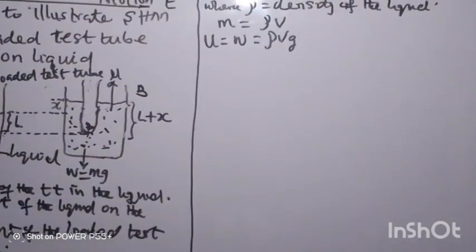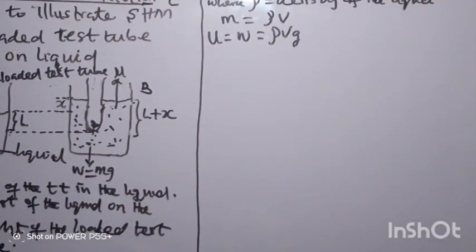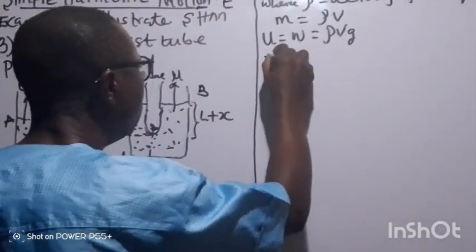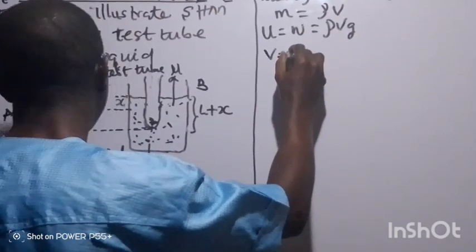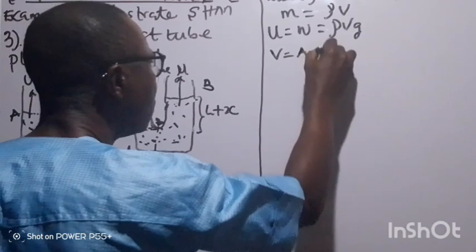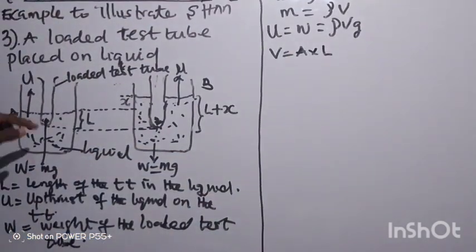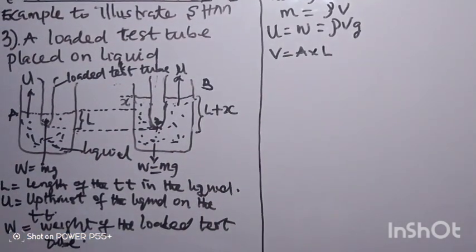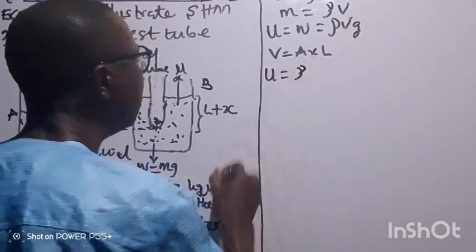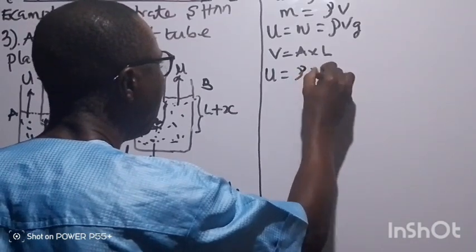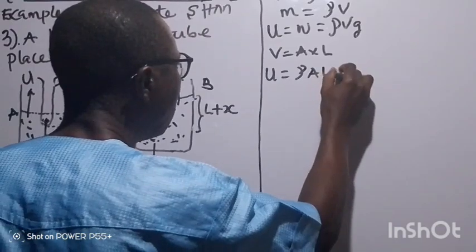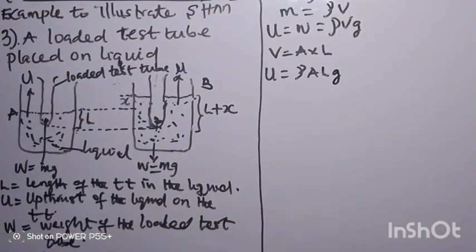Now, to consider the length of the test tube in the liquid, volume is equal to the area covered by this test tube multiplied by the length of the test tube in the liquid. Then we can say our upthrust will be equal to density multiplied by area multiplied by the length or depth of the test tube in the liquid multiplied by acceleration due to gravity.